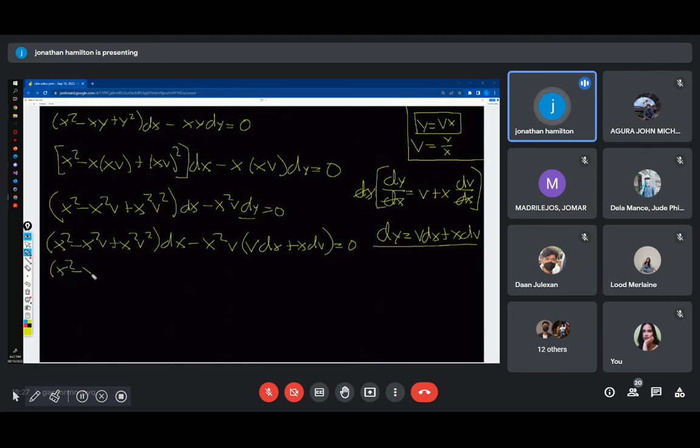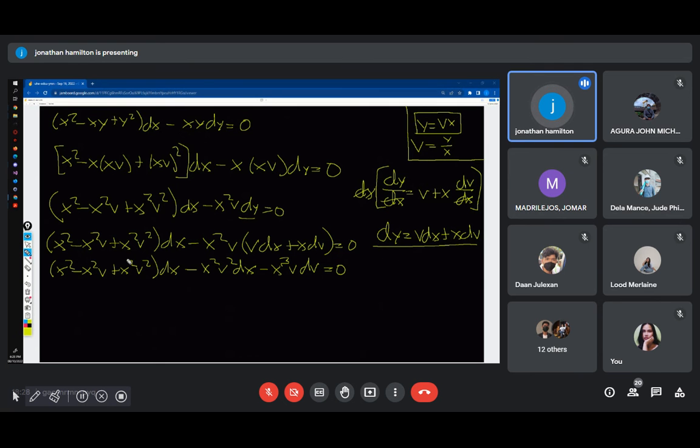So we have x squared minus x squared v plus x squared v squared dx minus x squared v squared dx minus x squared times x, this is x cubed v dv, is equal to 0.